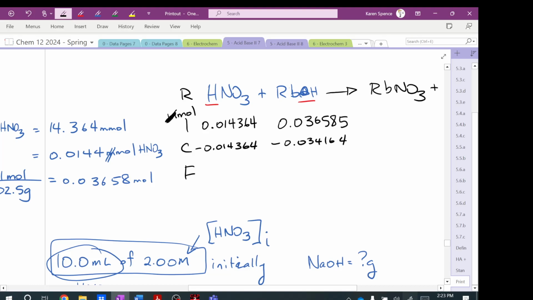Oh, I transposed my digits all over the place. 0.036585 minus 0.014364 equals 0.02221 moles of RbOH left over.